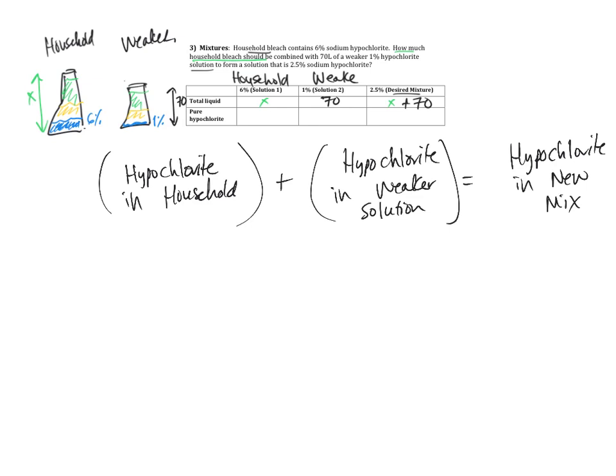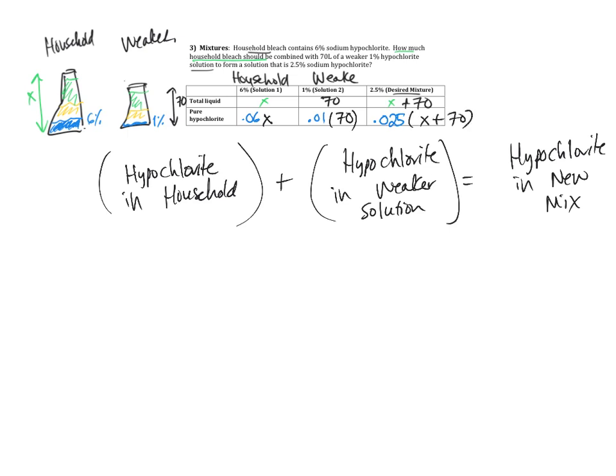Remember that we have just 6%, so we're going to write that as a decimal, and then the hypochlorite in the weaker solution is only 1%, so we multiply that times the total liquid, and then in the new mixture we want 2.5%, so that would be 0.025 of the combination x plus 70.